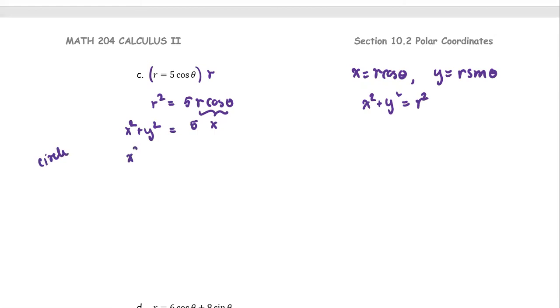We're going to adjust the form a little bit to make a clear form of the circle to see its properties. So subtract 5x from both sides, get minus 5x, and leave some room to adjust the form, equals 0.